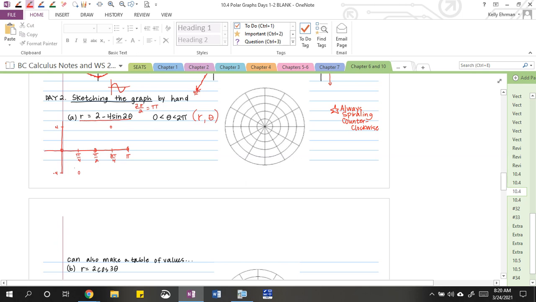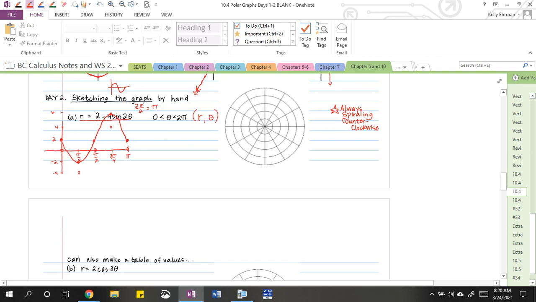I'm not going to sketch that in yet because I'm supposed to shift it up 2 units. So this point that was at 0 is really at 2. This is at -2. 2, 4 goes up to 6. And then at pi you're at 2. So I'm going to sketch that in. That's just one period. I might have to do more.